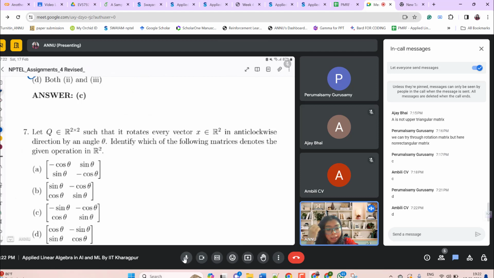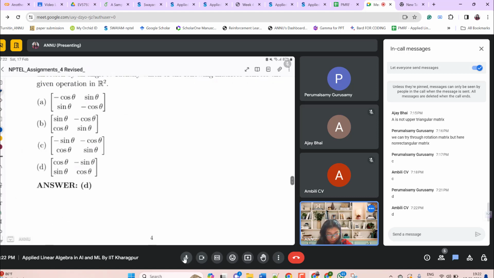Guruswami told D. Ambili also told D. Let's see this question. Q belongs to R^(2×2) such that it rotates this vector anti-clockwise. Identify which of the following denotes the given operation. Obviously the answer is D: cos theta, minus sin theta. This is very straightforward.